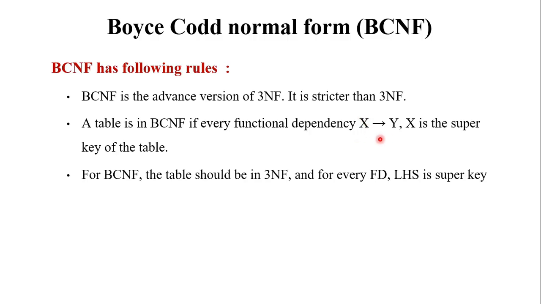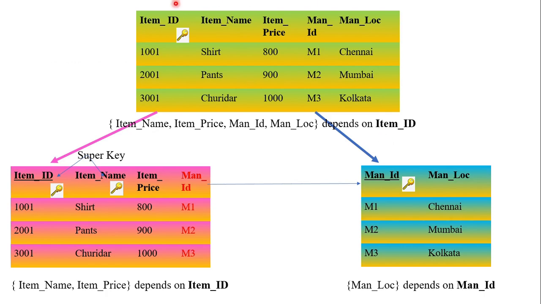So let's see the example. Consider the table. The table is the order table, not the customer table. The order table has item ID, item name, price, manufacturer ID, and manufacturer location. Here also, the item name and item price are fully functionally dependent on the item ID, and manufacturer ID depends on the item ID, and the manufacturer location depends on the item ID only.